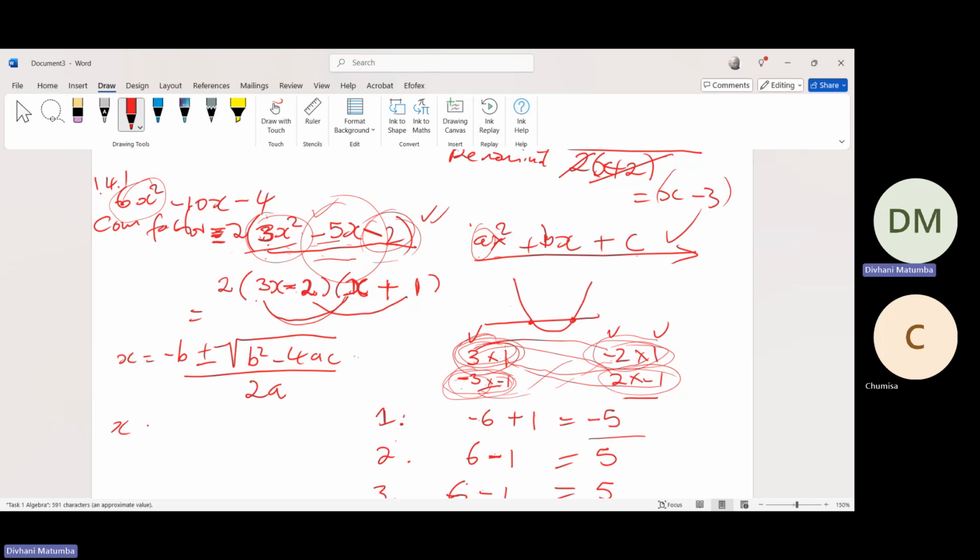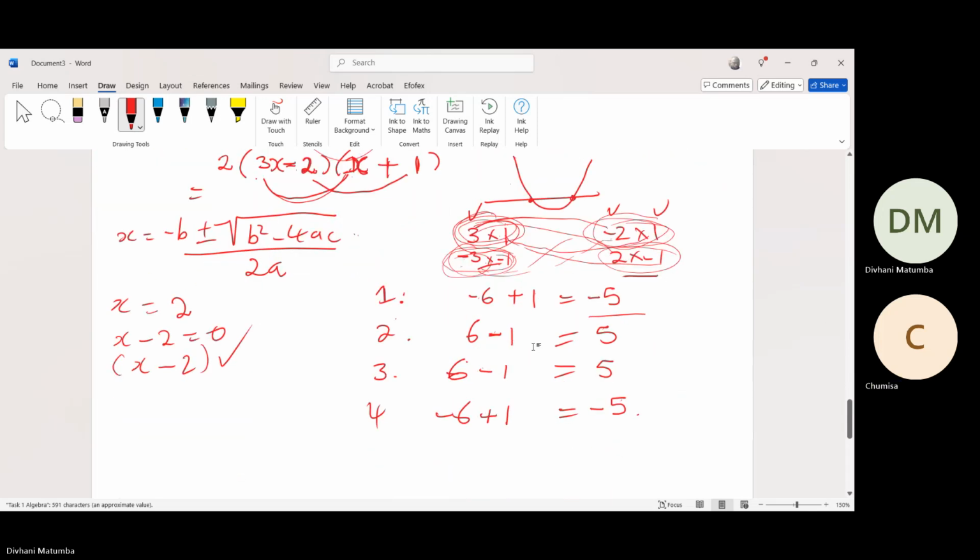After getting the solutions, let's say, for instance, your solution is 2. If you take 2 to the other side, you will have x minus 2 equals 0. So this will be one of your factors. The reason why I'm making you learn the quadratic formula is because sometimes they will bring you a complex trinomial.